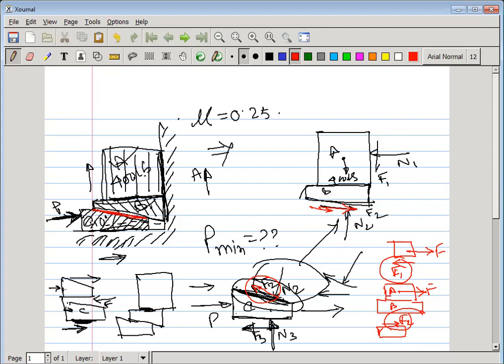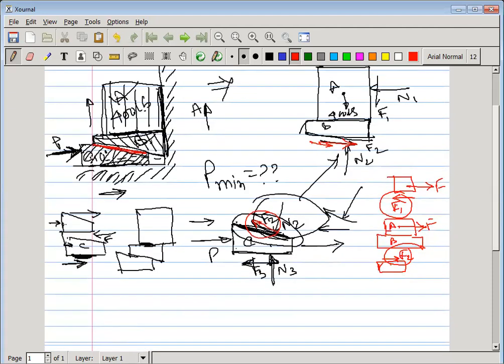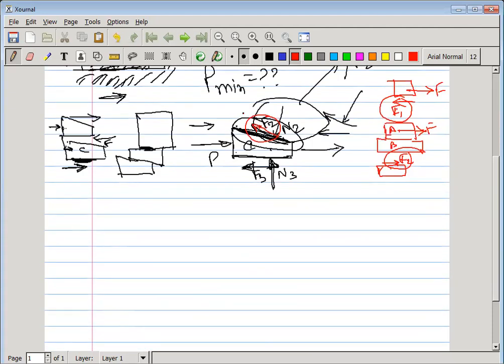Now there are two ways you can solve. Either you just draw this and put summation of Fx equal to 0, summation of Fy equal to 0, and summation of Fz equal to 0.